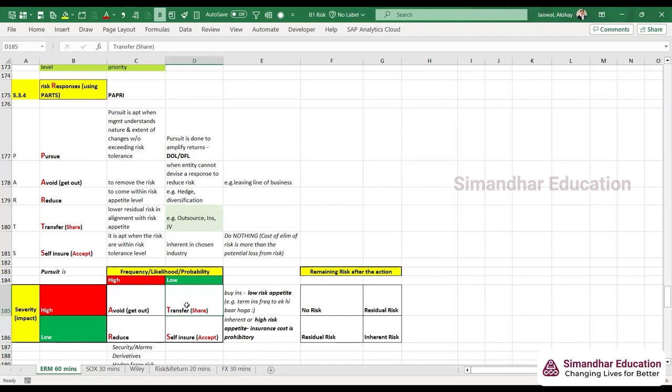Correct, it's the lowest possible, right? You will die only once, correct? You will not die multiple times, correct? So that is the example you can remember, that for transfer or sharing through insurance, the frequency is low and the severity is high.